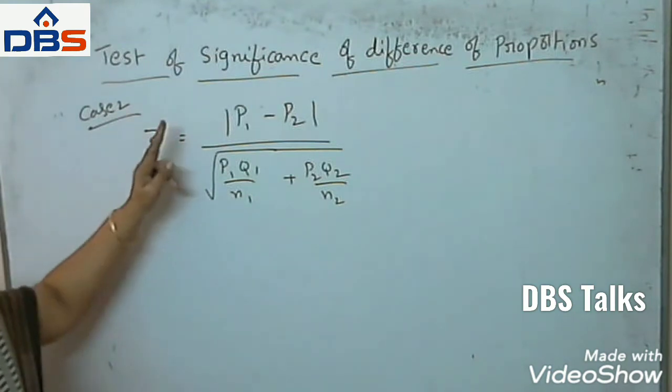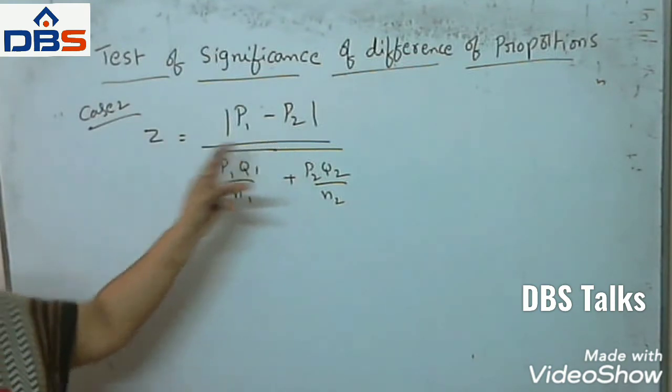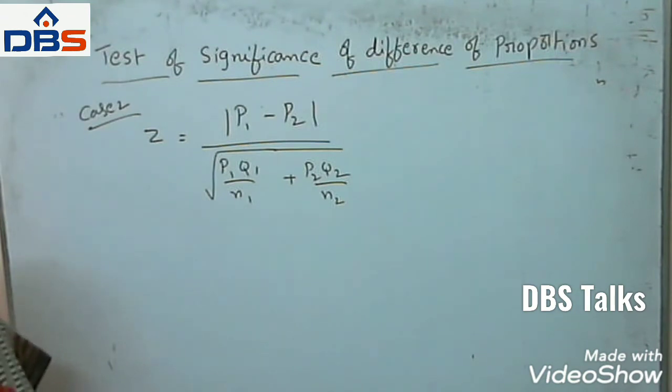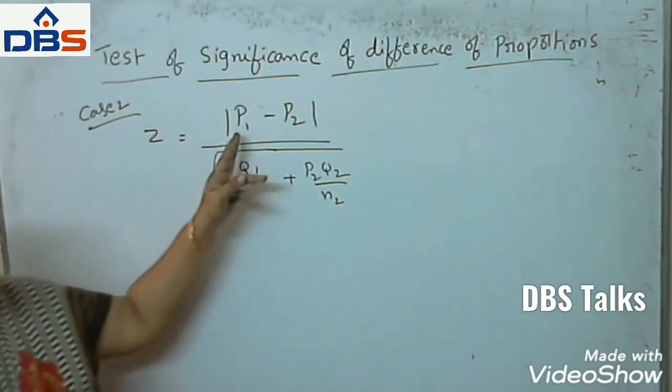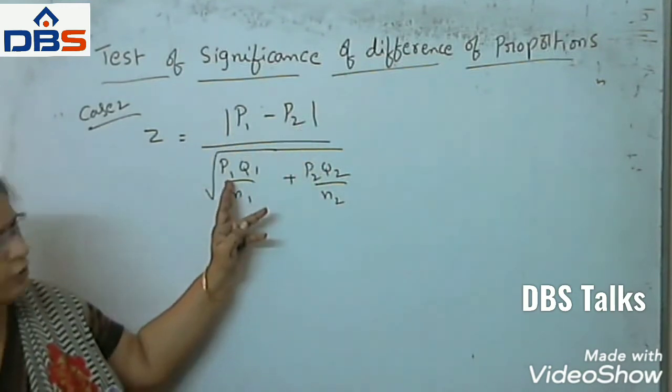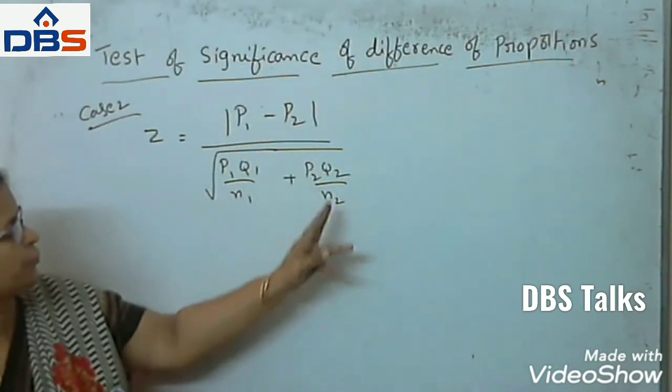We use this formula if the population proportions are given.